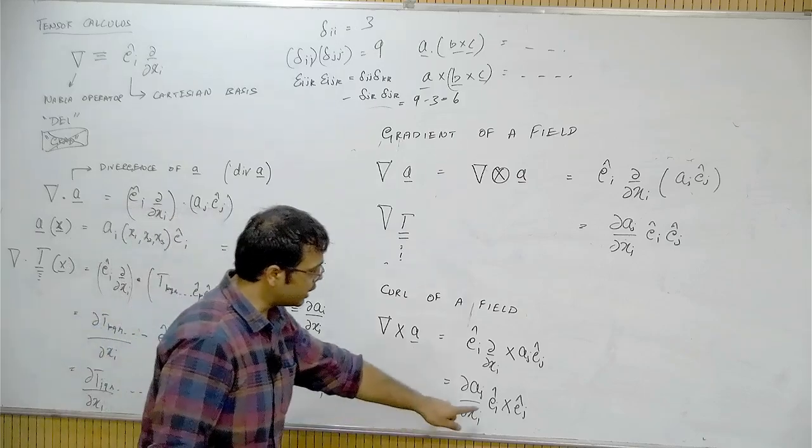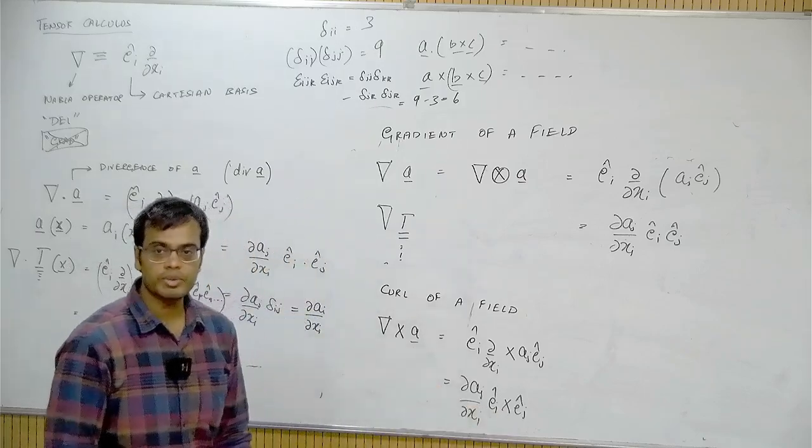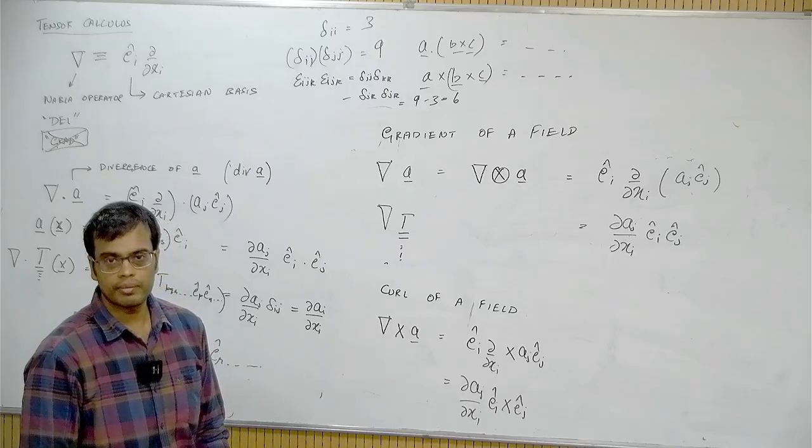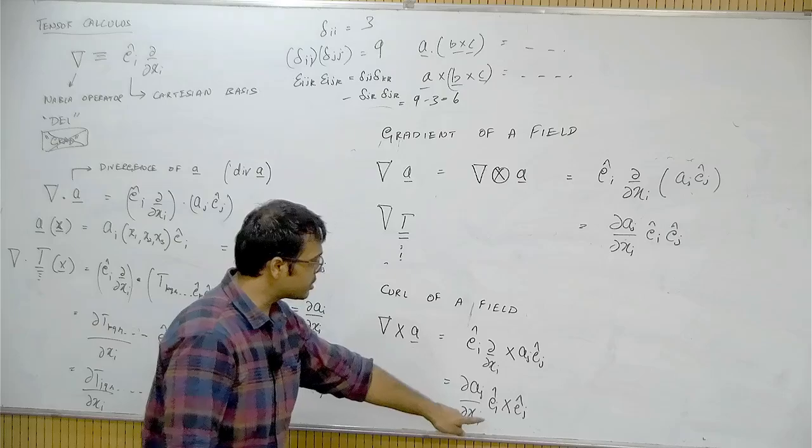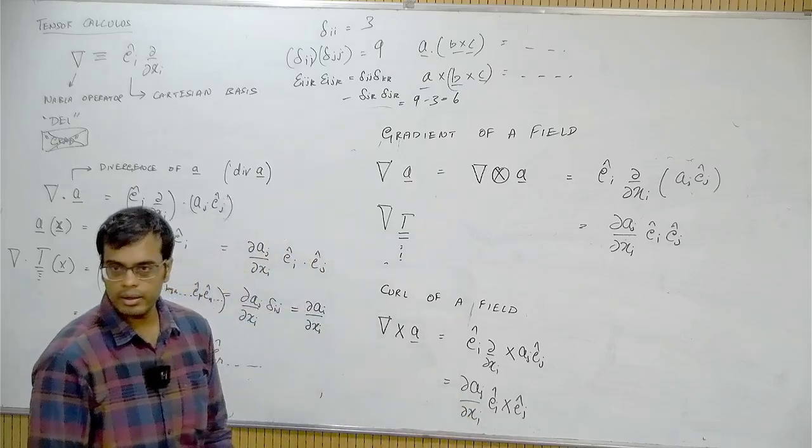And this quantity you can write using epsilon ijk. This is simply epsilon ijk e hat k, right?